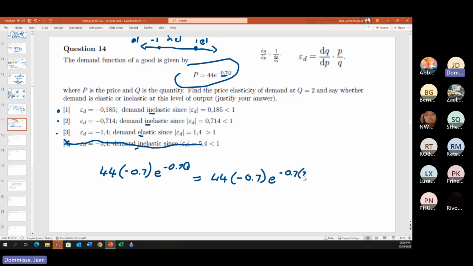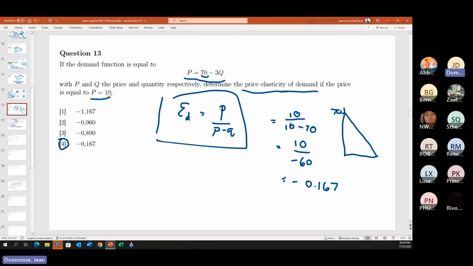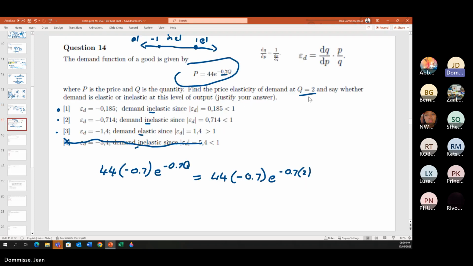So they need to give you that Q, or they could have given you the P as well, but they need to give you one of those two. So the same year where they give us the P as 10, they need to give you a P or a Q value.